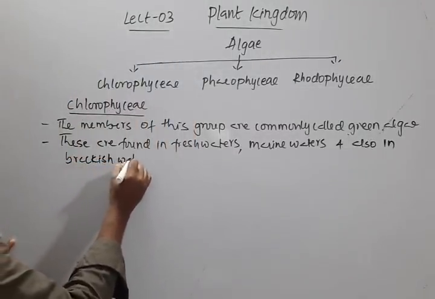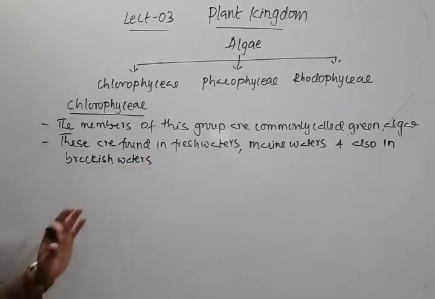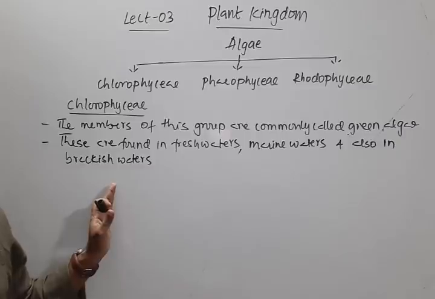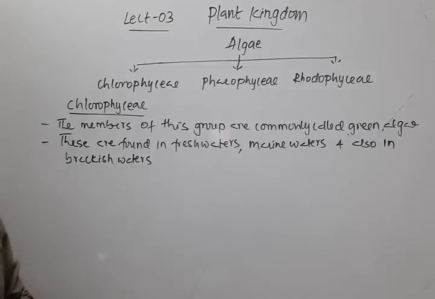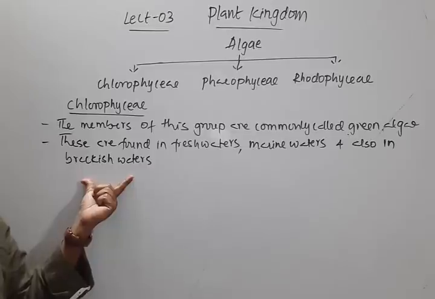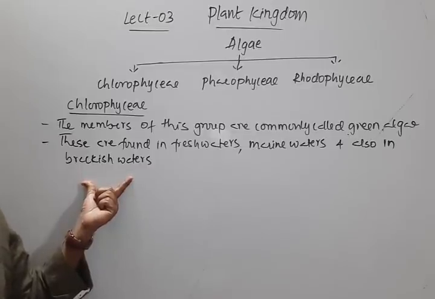What is brackish water? It is the water where the river meets the sea, which is actually an estuary.